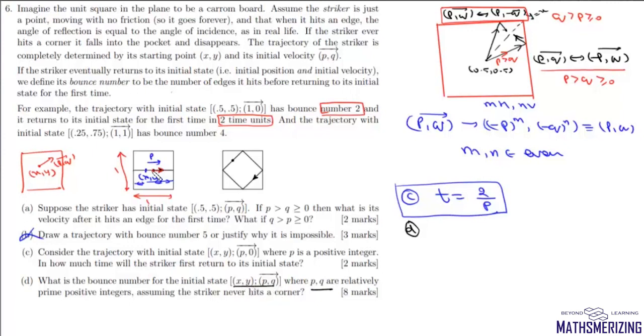Now we know that in any horizontal bounce, the time taken to complete one journey is 2 upon p, so this is t horizontal, and the time taken to complete one vertical journey is 2 upon q. So now let us say that after time t, the particle returns to its initial state.